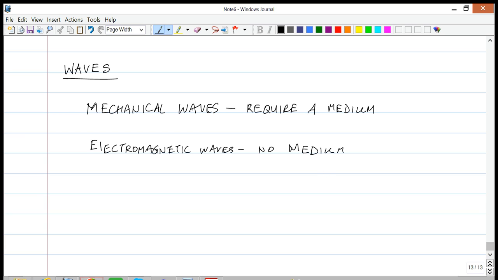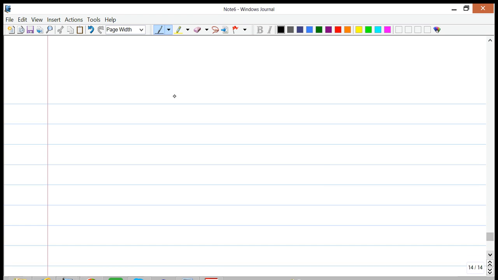Now the examples of mechanical waves for us will be the waves that are produced in a string. If you were to attach a string to a wall and disturb the string, you could produce a wave that would travel through the string. Another kind of mechanical wave is the wave produced by sound.